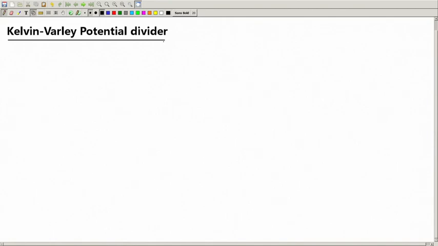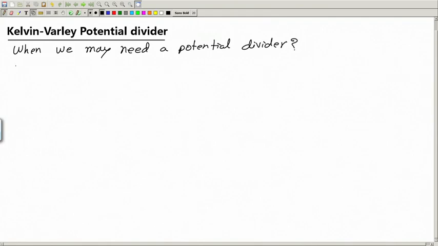Okay. So, let us start this class with the question: when may we need a potential divider? The answer we can see with an example.